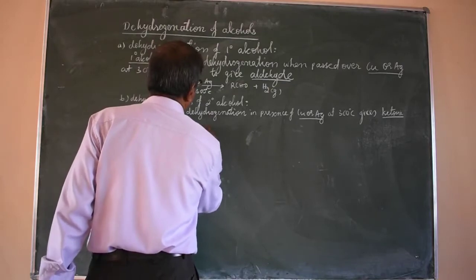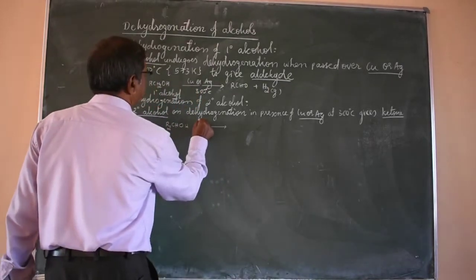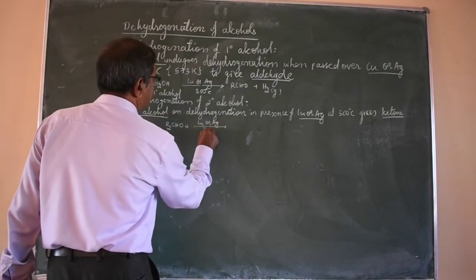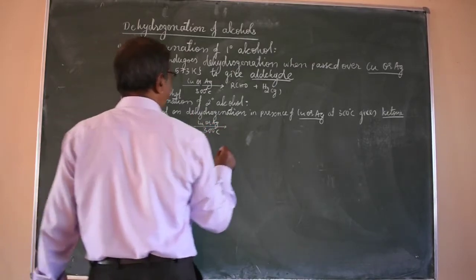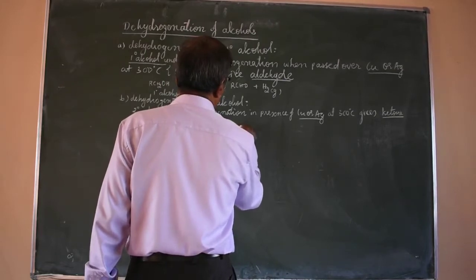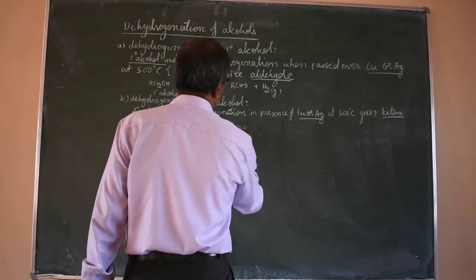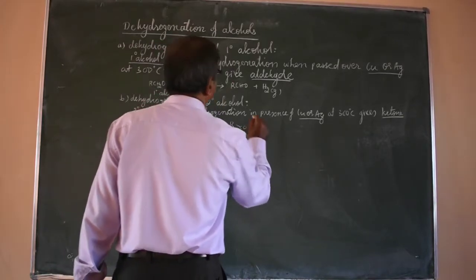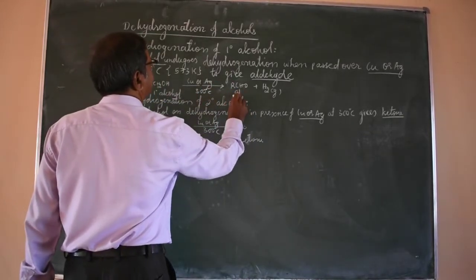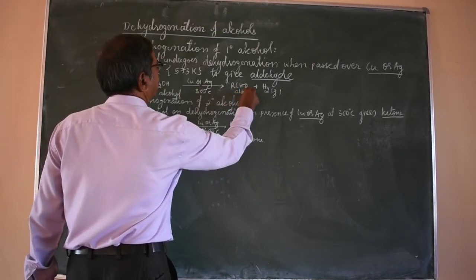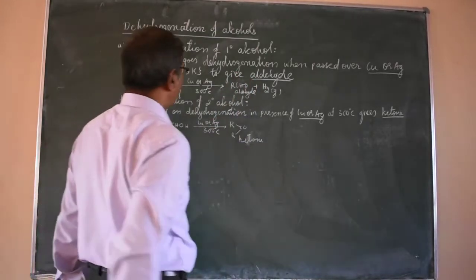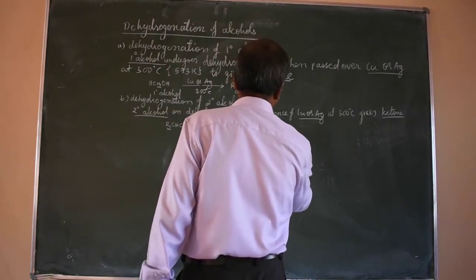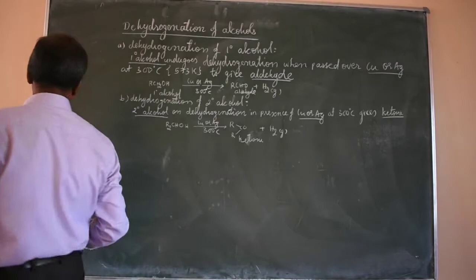So in presence of copper or silver at 300 degrees Celsius, the product is RCOR. It is nothing but ketone. Ketone is the product. This one is aldehyde. Dehydrogenation is the removal of H2.